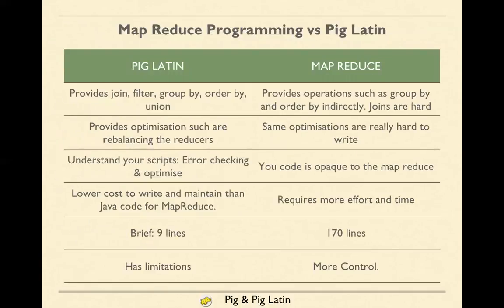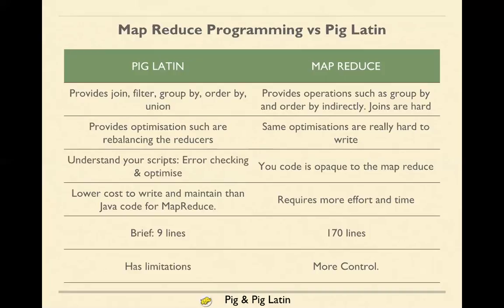Now you can see this. The overall idea is on the MapReduce side, we keep on writing the code or use streaming. On the Pig side, we write the logic in terms of join, load, filter, group by, and so on. So it's like comparing C code or your Java code against the SQL language.